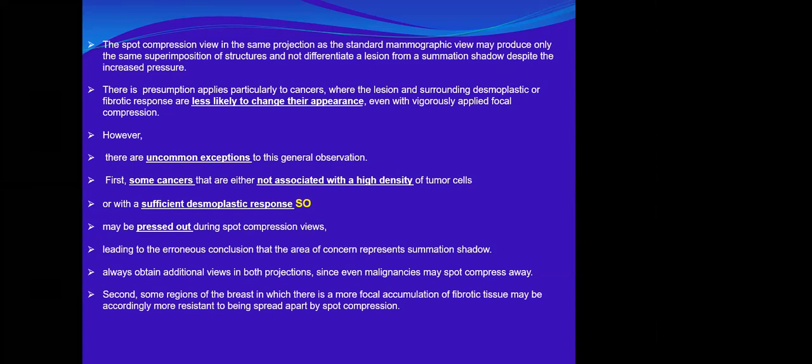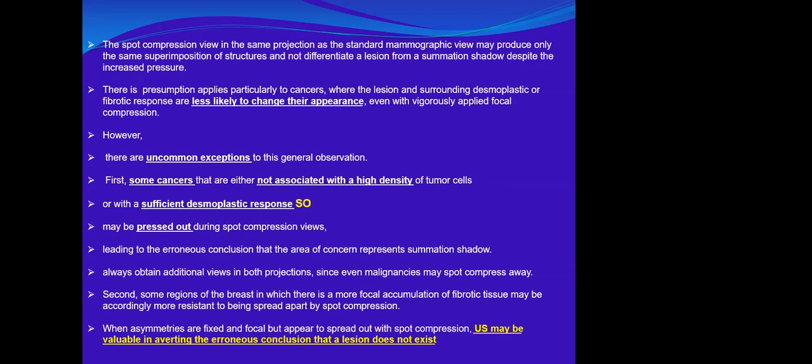Some non-cancerous fibrotic breast tissue might persist and not spread away, which can also give an erroneous impression of malignancy, but it is not malignant tissue. So definitely any rules have exceptions, and we have to consider these exceptions.